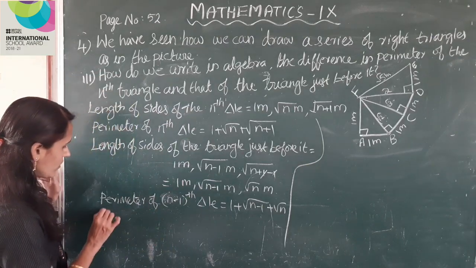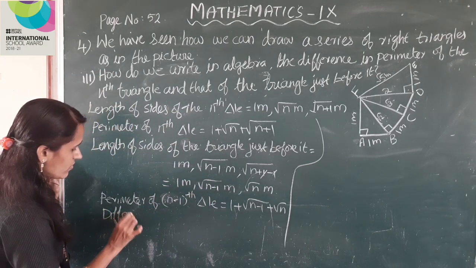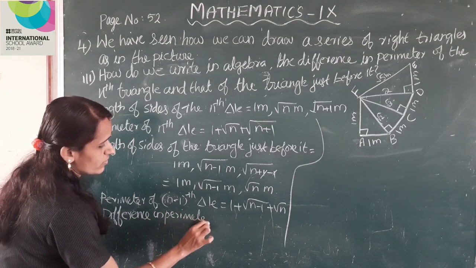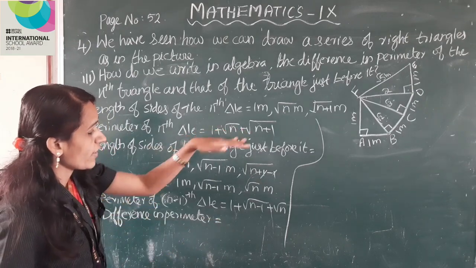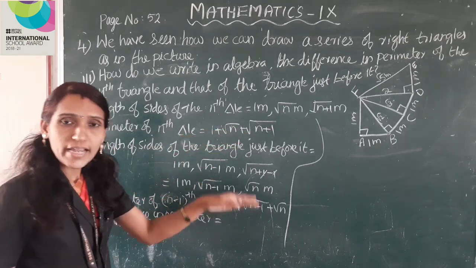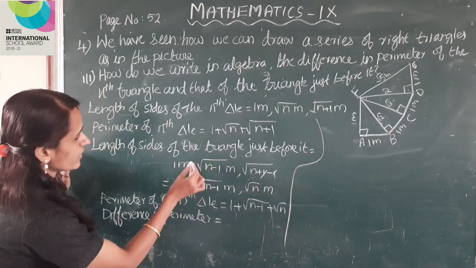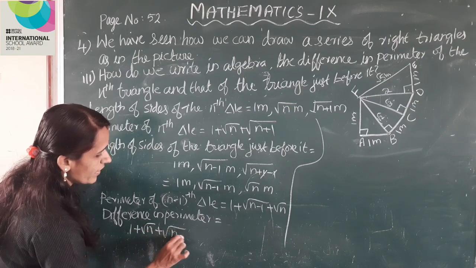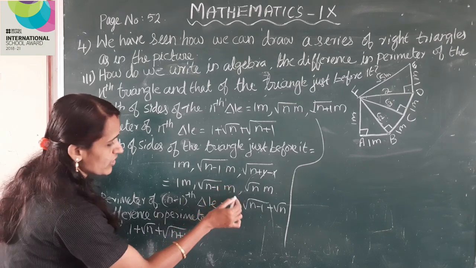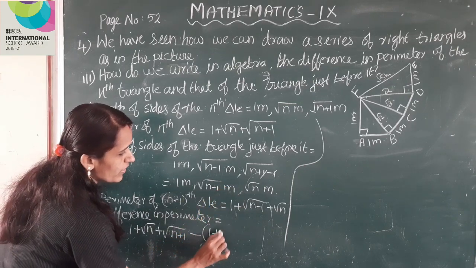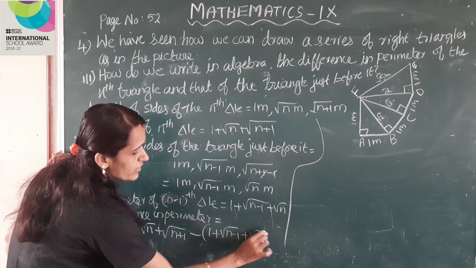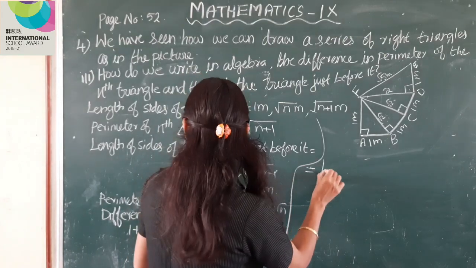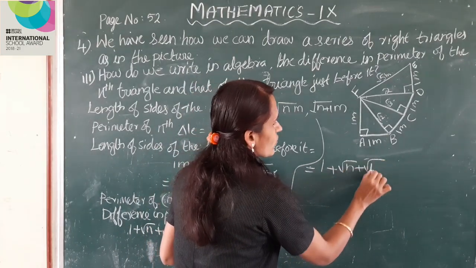Difference in perimeter is the nth triangle perimeter minus the (n minus 1)th triangle perimeter. Here the nth triangle perimeter is 1 plus root n plus root n plus 1, minus the (n minus 1)th triangle perimeter, which is 1 plus root n minus 1 plus root n.